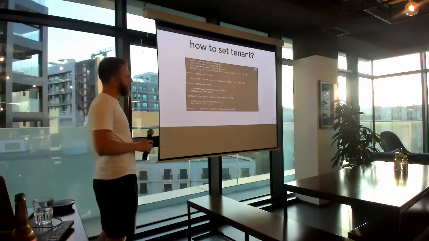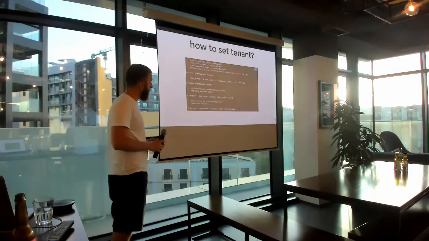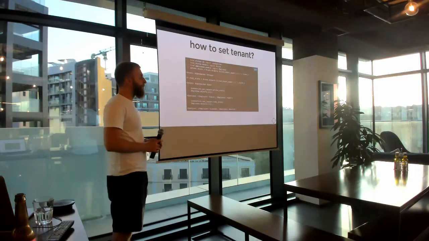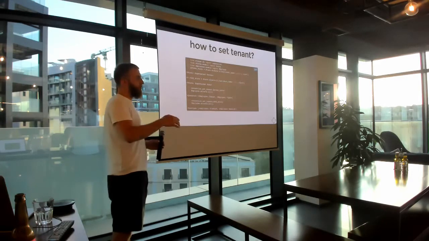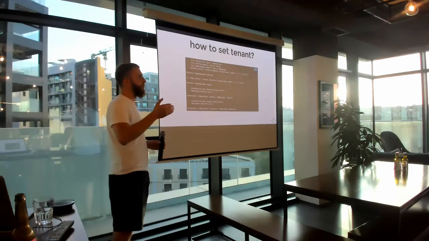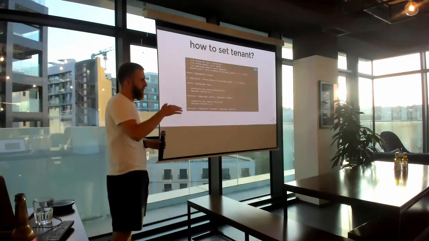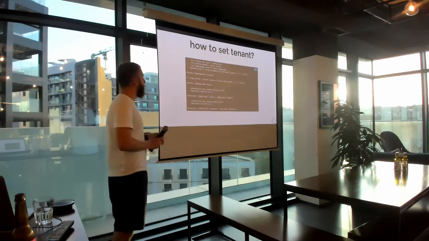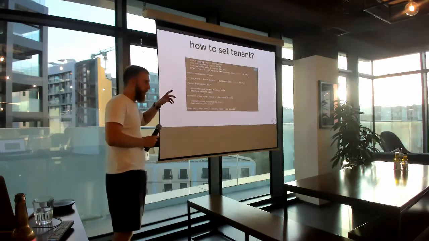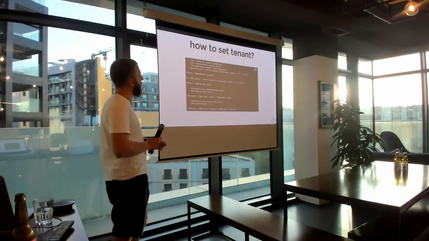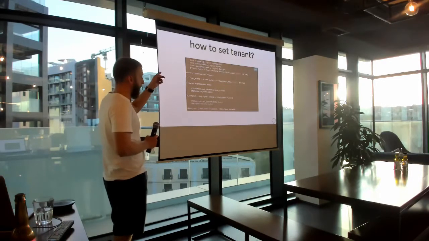There are situations when you want to dynamically set the tenant. Okay, there was a request for this tenant, but I need to do something in another one. So we need to switch the context, like switch the schema within a database. That's how you do it.